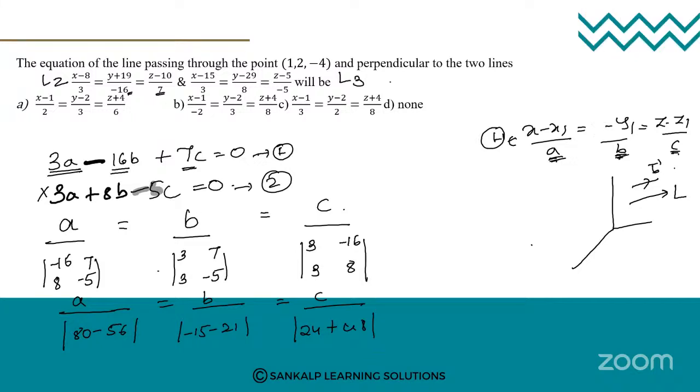Till then, if anybody is solving along with me, you can go for the final values. So 80 minus 56 is 24, minus 15 minus 21 is 36. And the remaining, 24 plus 48, how much does it become? 72.